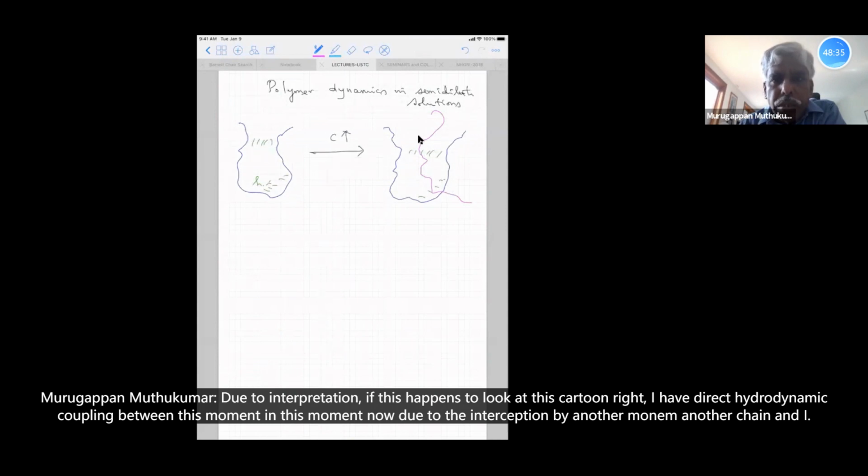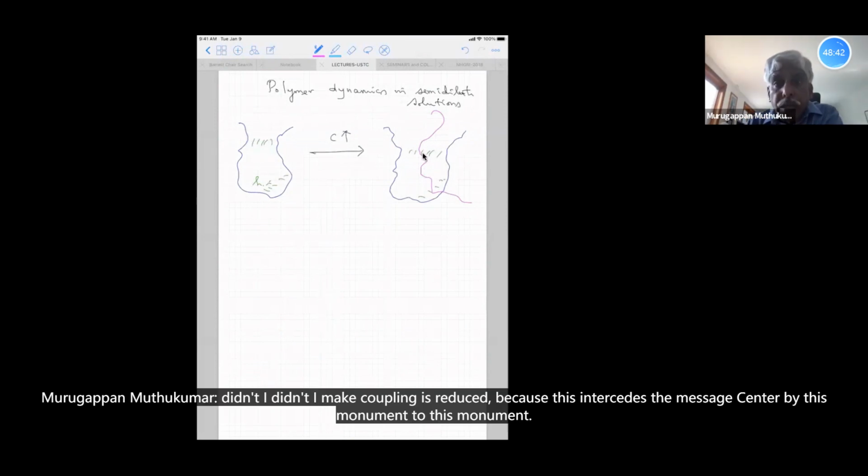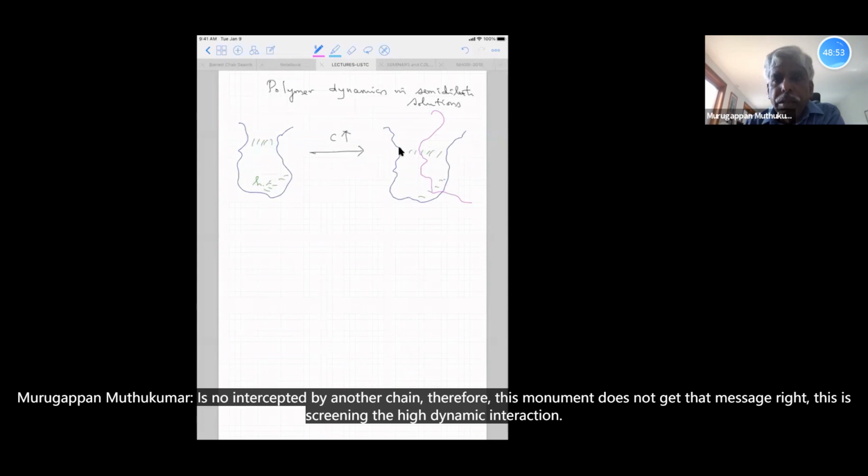Now, due to the interception by another chain, that hydrodynamic coupling is reduced, because the message sent by this monomer to this monomer is now intercepted by another chain. Therefore, this monomer does not get that message, right?